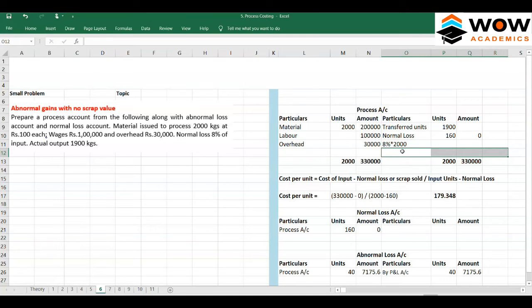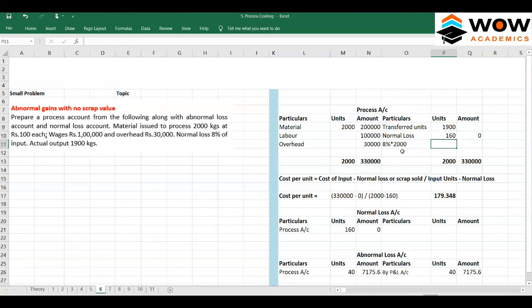If you see in this problem, the input is 2000. What we thought was 160 would be the normal loss, but we have actually produced 1900. We should have produced only 1840, but we produced 40 extra here. If we produce more, let's see how much it comes to. This comes to 2060.